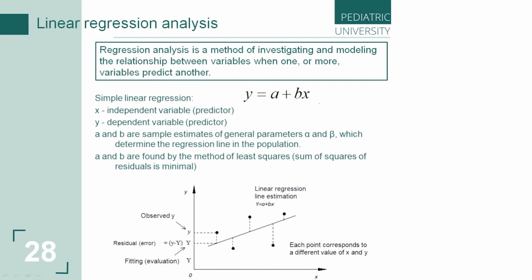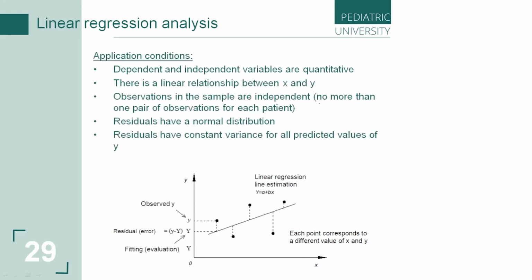The points on the coordinate system are our values. The line is chosen so that the difference between observed y and the value of y that we assume on the line, that is, the residuals, has a minimal sum of squares. Consider the conditions of application of linear regression analysis. Again, there are special application conditions. It can only be used when the dependent and independent variables are quantitative.